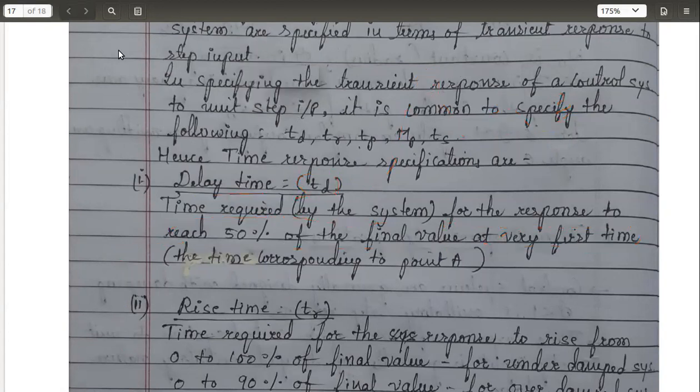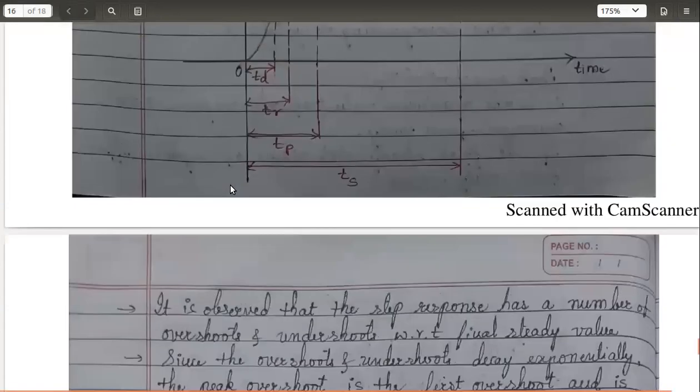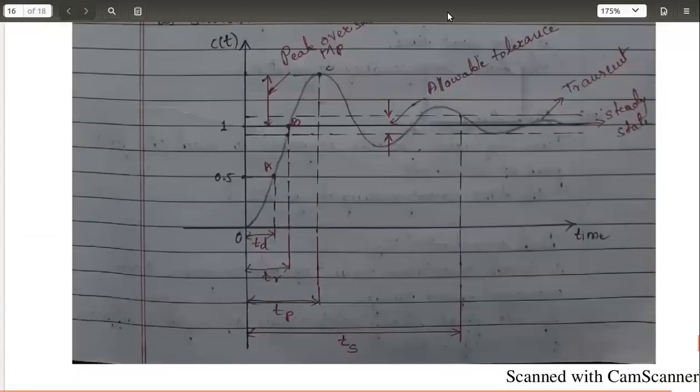You can look into the diagram for a much clearer view. Suppose this is your 0 and the steady state value finally we will be attaining is 1. So this is your final value. Starting from 0, you have to reach the final value, that is 1, for a unit step applied as the input. We can also call this the unit step response.